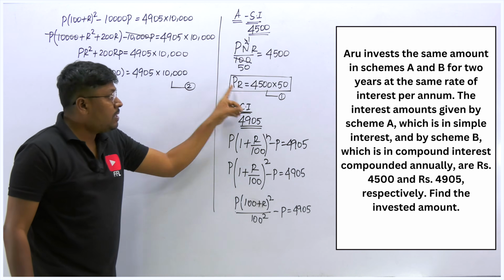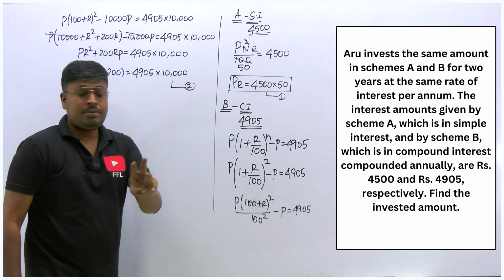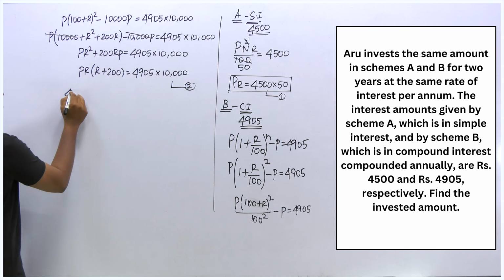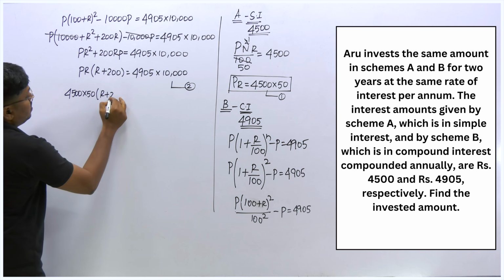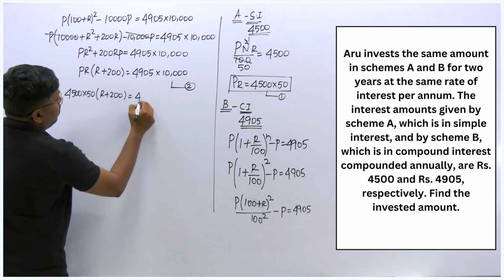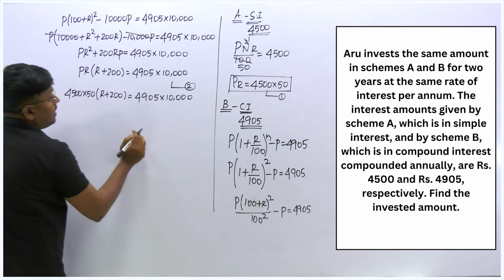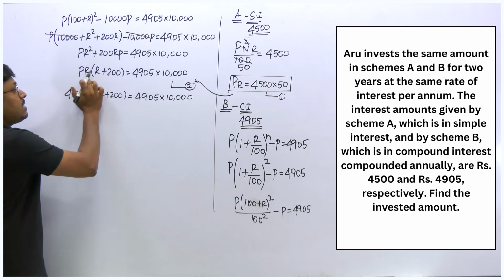So we already know that in both the schemes, the rate of interest is same. Principal is also same. So instead of PR, here we can substitute the value, that is 4,500 into 50, into R plus 200 is equal to 4905 into 10,000. So friends, understood or not?